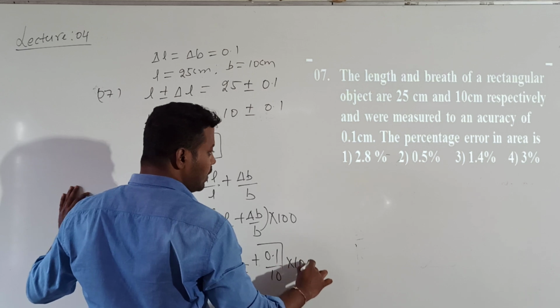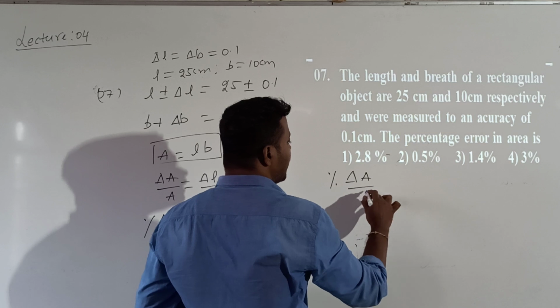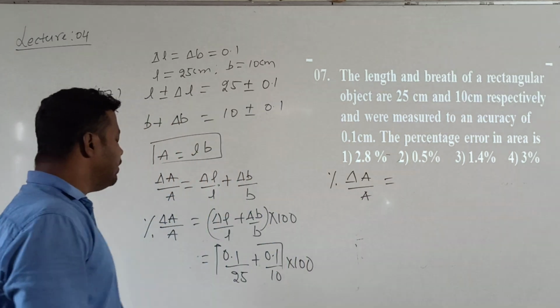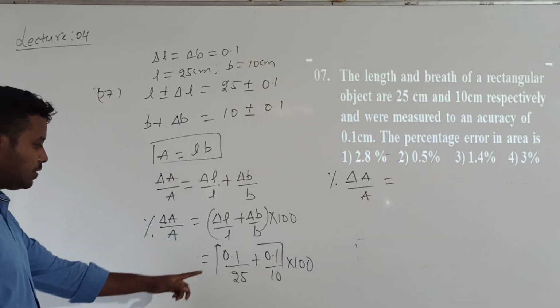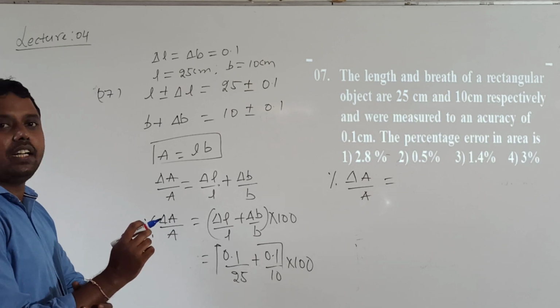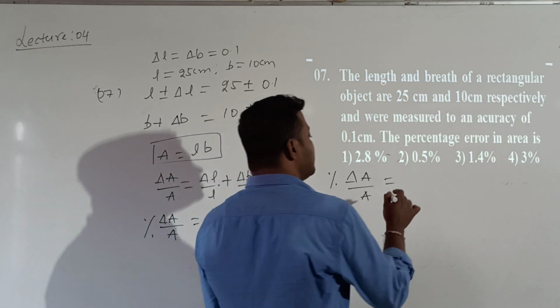So the percentage of delta A by A is how much? 0.1 divided by 25 is 0.04.